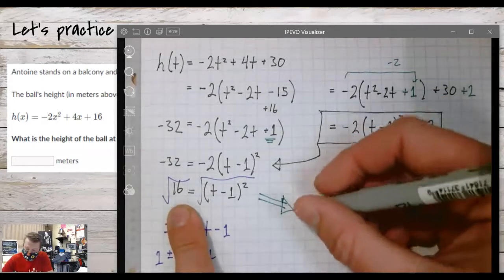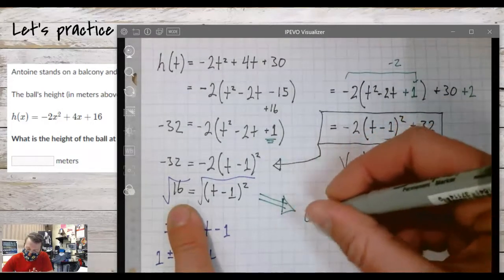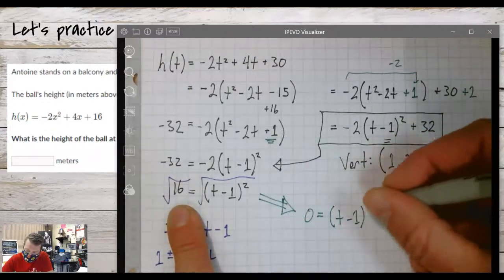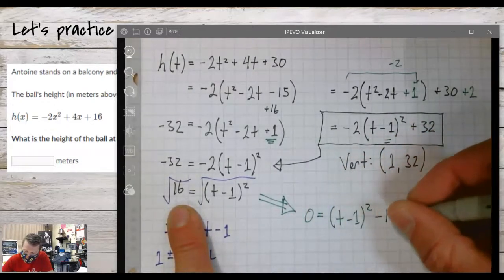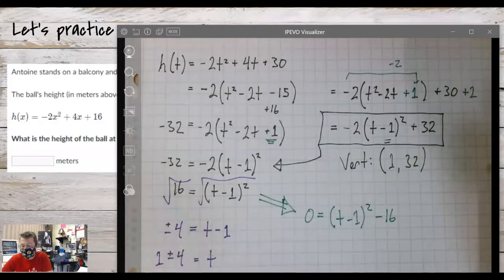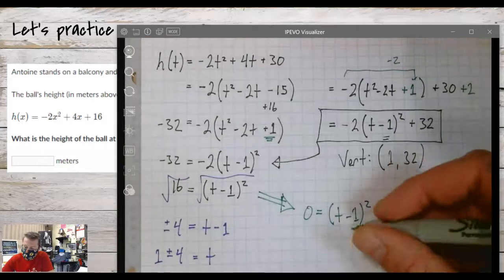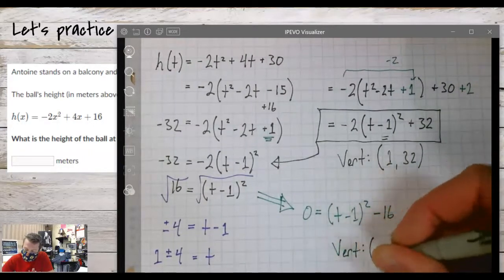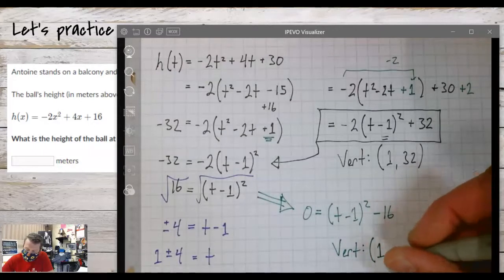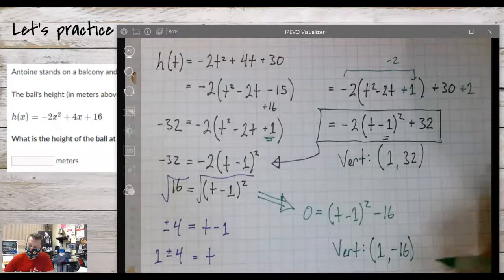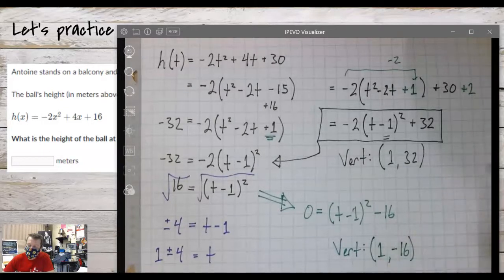Gotta love algebra. Then what we have is 0 equals t minus 1 squared minus 16. So this vertex is 1, negative 16. It's a completely different situation.